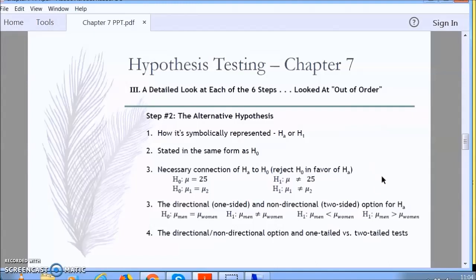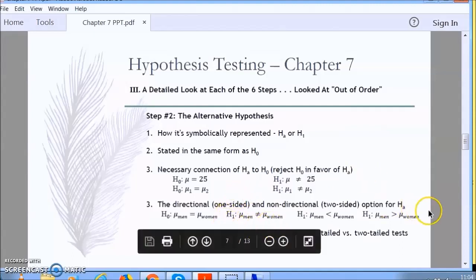Your alternate hypothesis could be directional, which means it is one-sided, or it could be non-directional, which means it is two-sided. What does directional mean? Directional means you are stating whether the mu of men is less than the mu of women, or that the mu of men is greater than the mu of women.